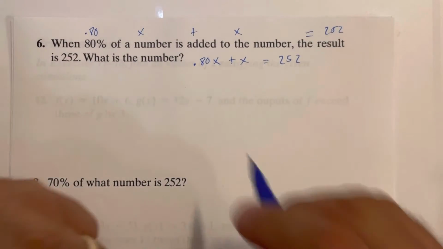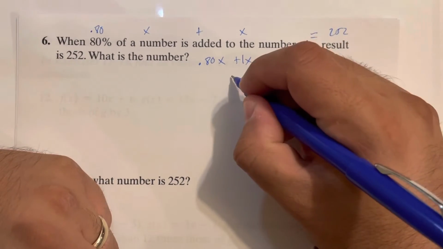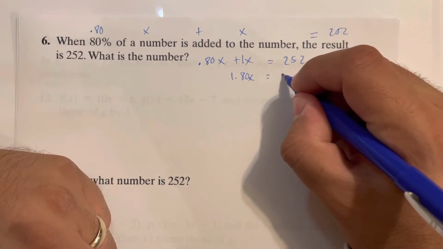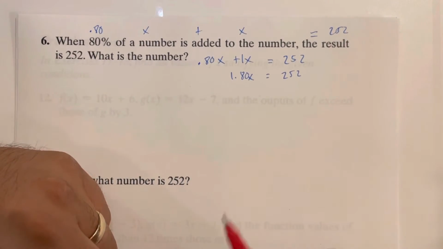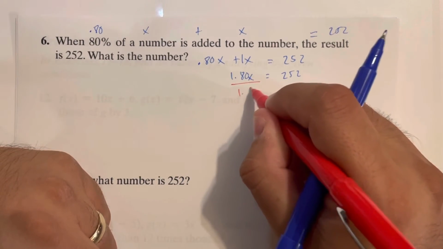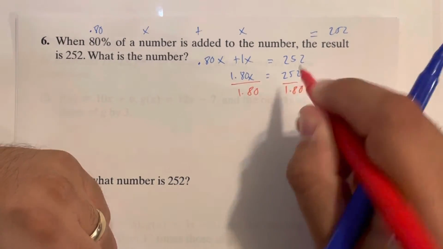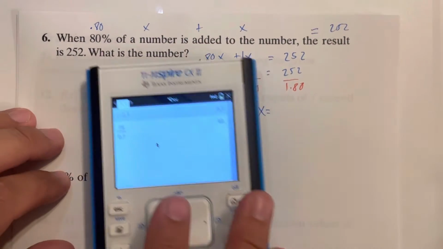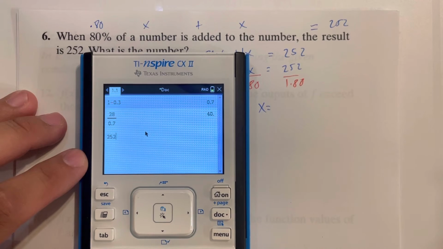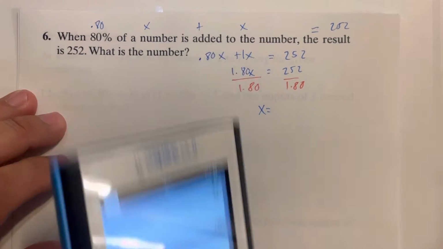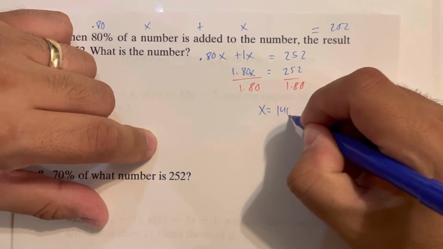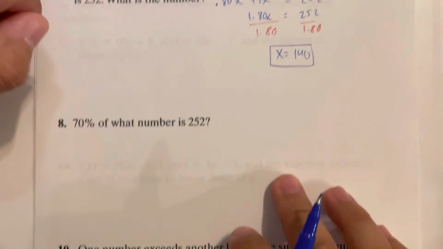First thing we're going to do, we're going to take 0.80x and 1x, add those together, get 1.8x, so you can put 1.80x, and that's going to be equal to 252. To solve for x, we're going to simply divide both sides by 1.80, and x equals, so again I'm going to type in the calculator, 252 divided by 1.8, and we get 140. So x equals 140.